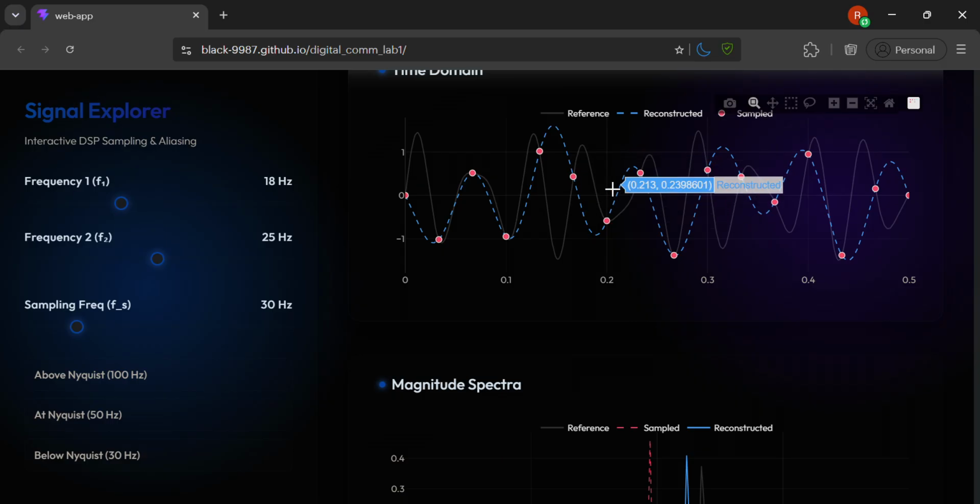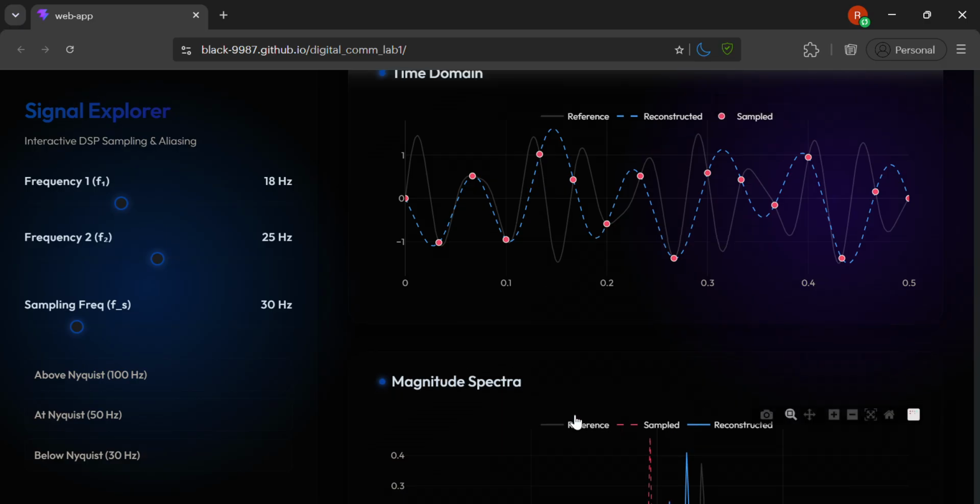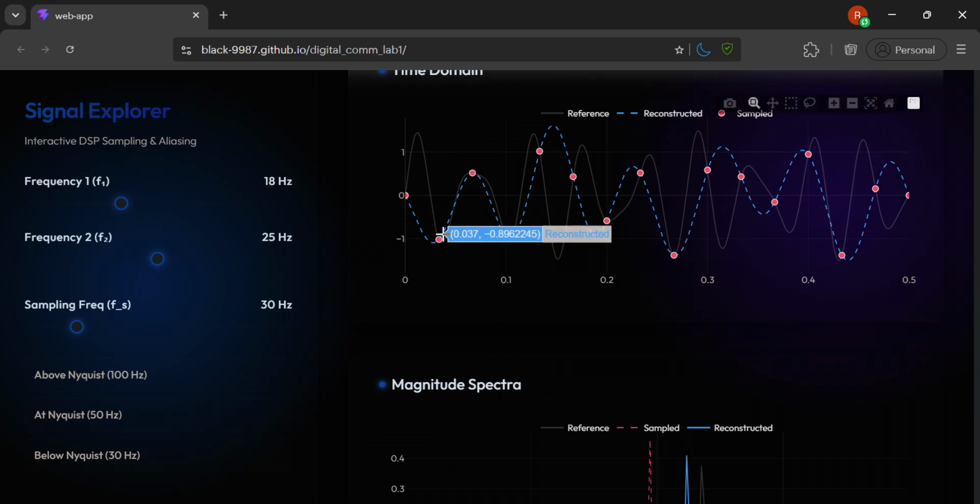This is shown as the blue dashed curve. So the basic process inside the tool is original signal, sampling into sample points, sinc reconstruction, and comparison with the original signal.